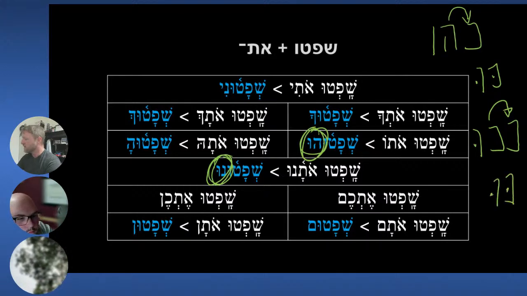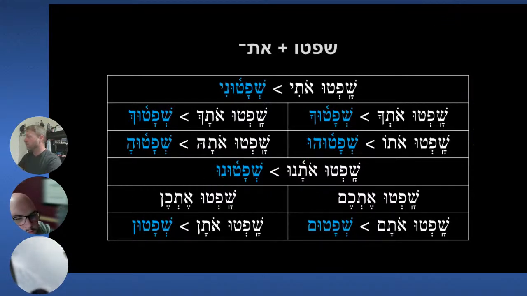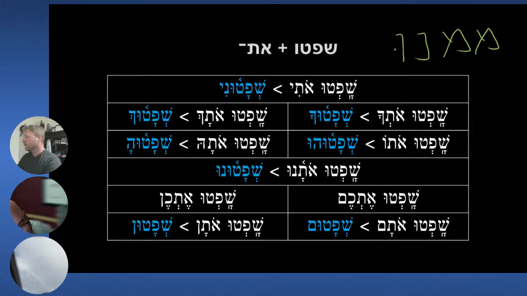So sometimes there is ambiguity between him and us. We see this in mimenu. It has a reduplication.